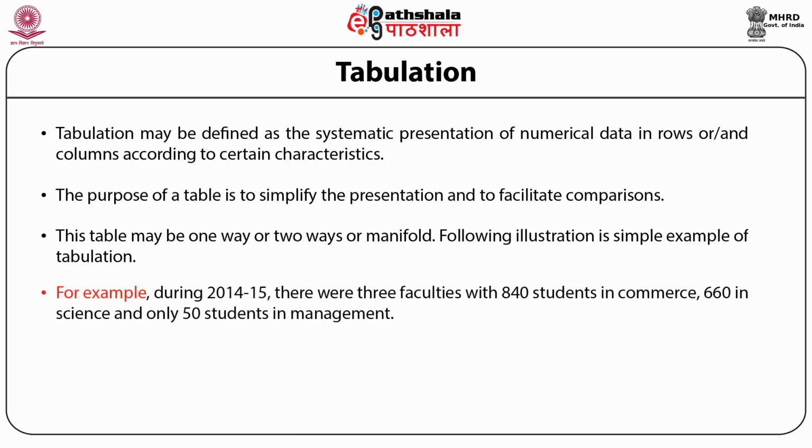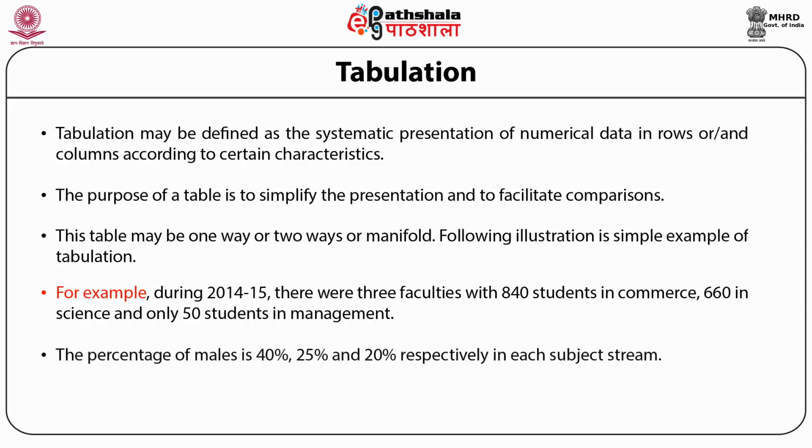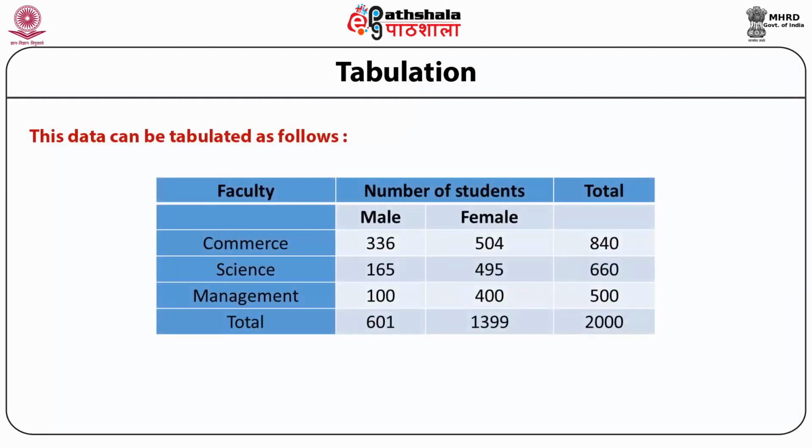For example, during 2014-15, there were 3 faculties with 840 students in commerce, 660 in science, and only 500 students in management. The percentage of males is 40%, 25%, and 20% respectively in each subject stream. This data can be tabulated as follows: faculties, number of students, and total.